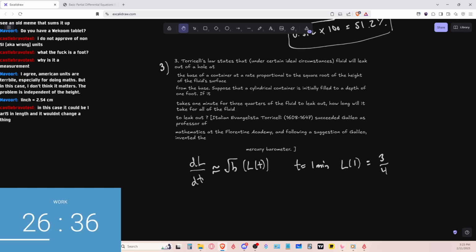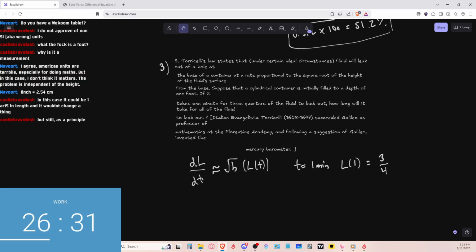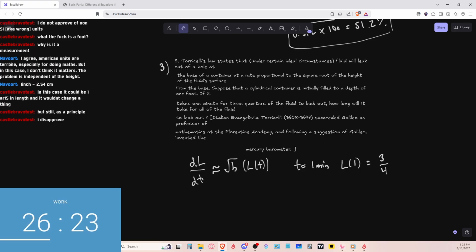In this case, it could be that 1 in length wouldn't change a thing, but still, as a principle, yeah. No, I get it. I wish they would change it, but unfortunately they won't because so many companies use the imperial system.